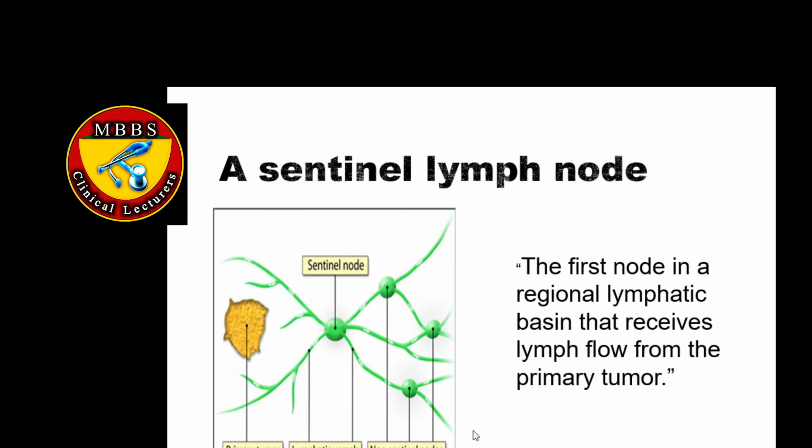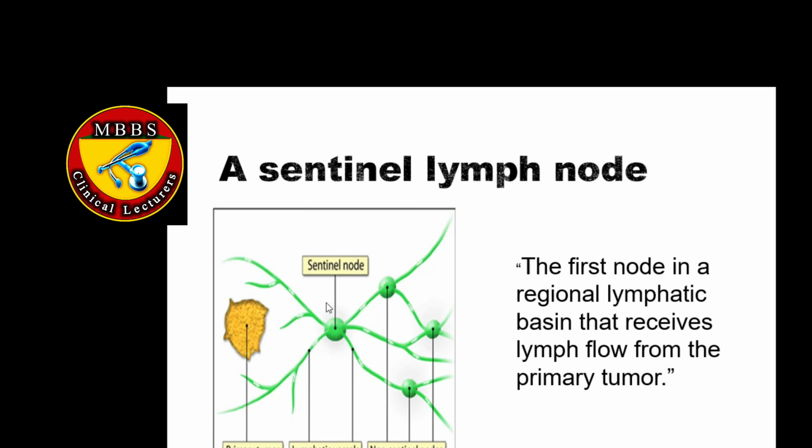To understand the lymphatic spread of a tumor, the sentinel lymph node is the first lymph node which receives the lymphatic drainage from the tumor. That is the nearest node receiving the lymphatic drainage from the primary tumor.